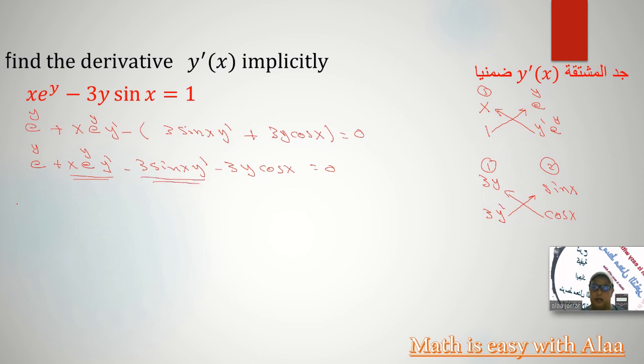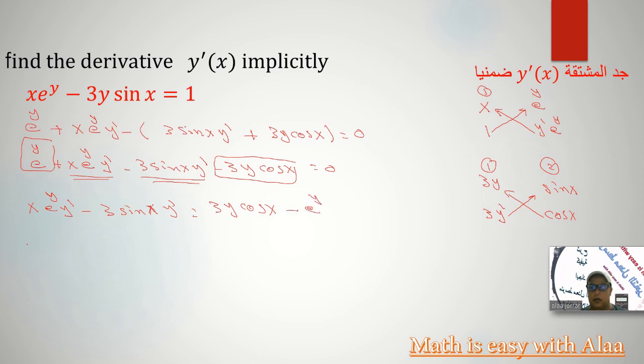So we will keep them in the left side, so x e to the power y prime minus 3 sine x y prime, and we will move this one and this one to the right side, so it will be 3y cosine x minus e to the power y.